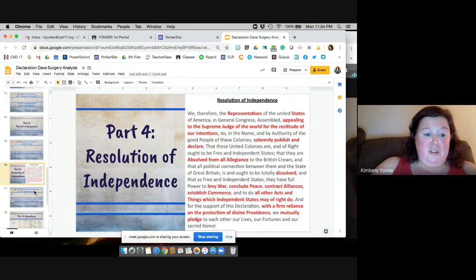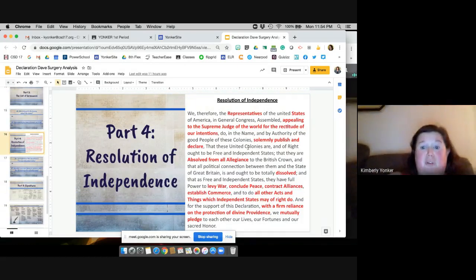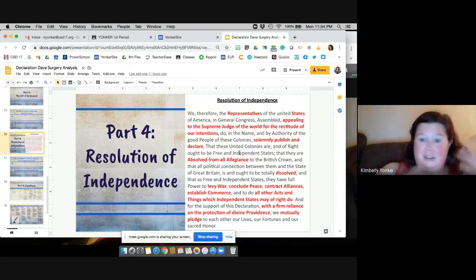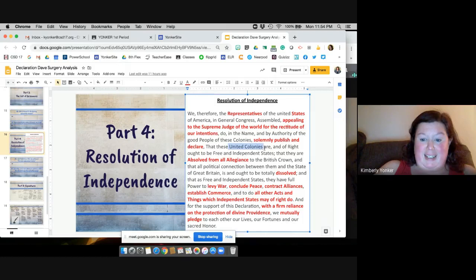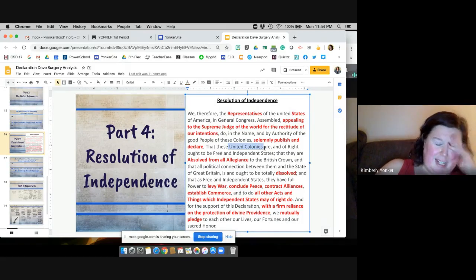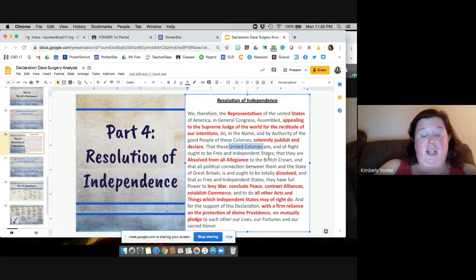The resolution is pretty much the conclusion, the actual declaration. We do, you know, that these united colonies, not states, united colonies is capitalized, are and of right to be free and independent states. And they are absolved of all allegiance to the British Crown. Everything is dissolved. They are free and independent. He repeats it again.